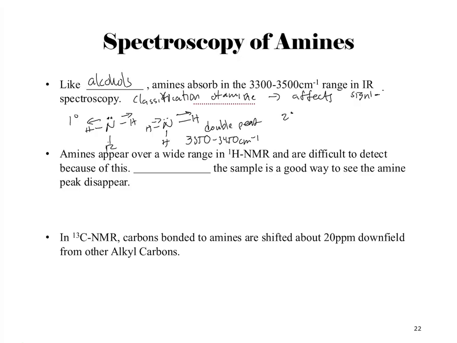In a secondary amine, we have one signal around 3350 inverse centimeters. And then tertiary amines, there's no signal because there's no hydrogen on the nitrogen for the stretch to be in this range, right?